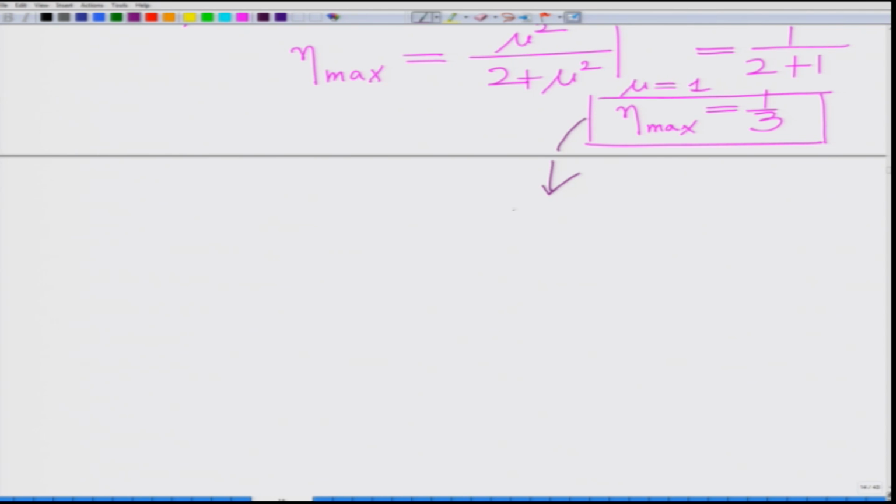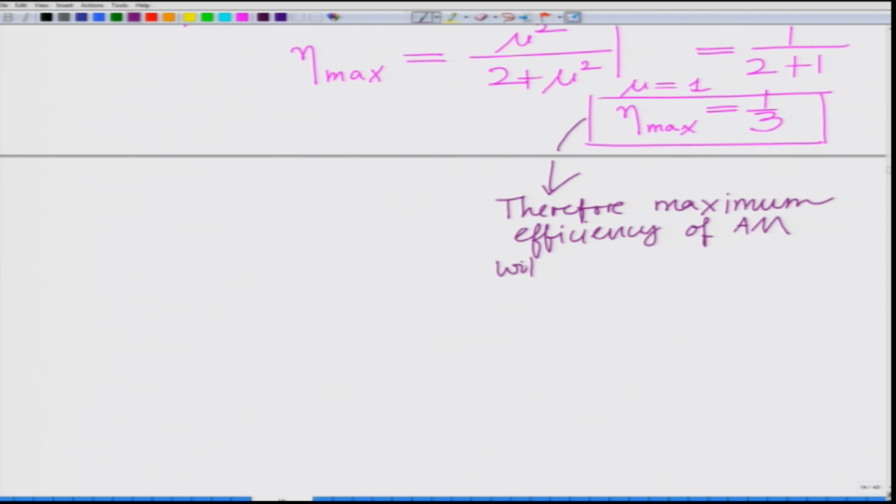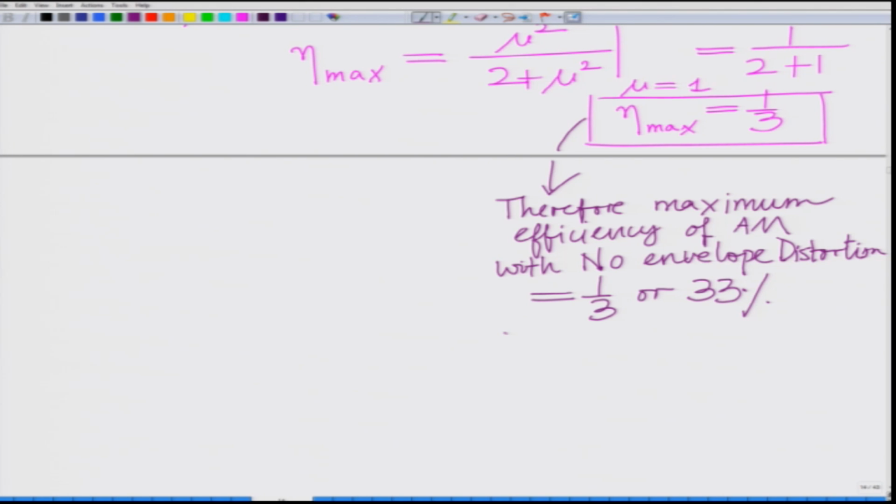Therefore, the maximum efficiency of AM with no envelope distortion equals 1/3 or only 33%, which is a very surprising result, and this tells us that the efficiency of amplitude modulation is very poor.